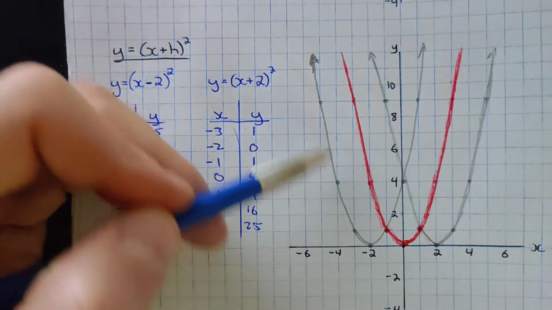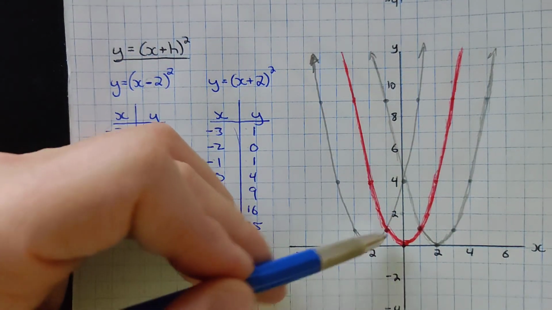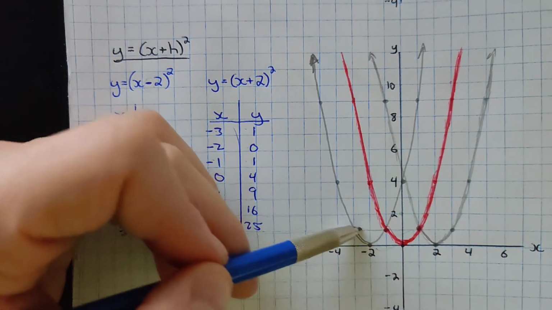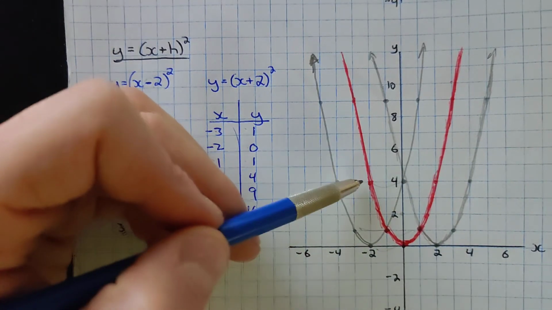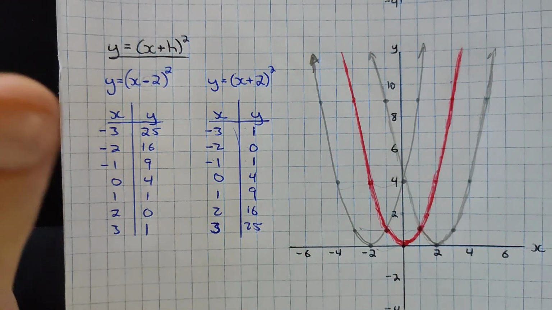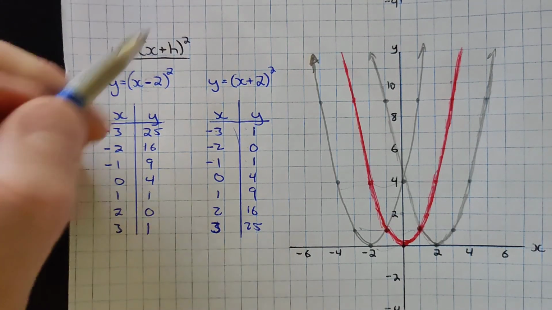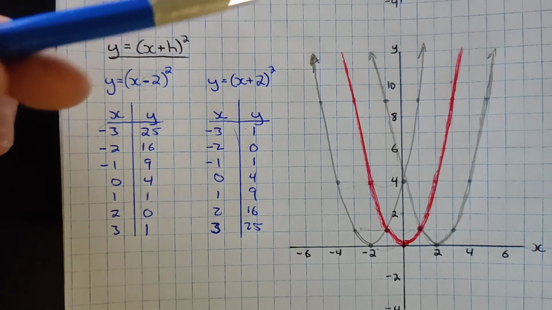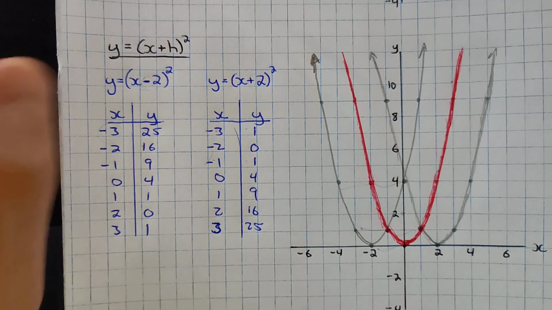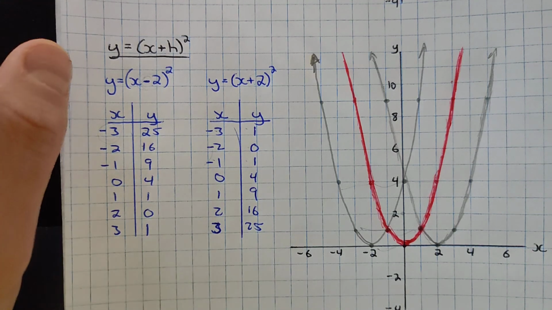So now I have this other graph where everything is shifted over the other way. Everything is shifting over 2 to the left. So when there's a minus, it shifts to the right. When there's a plus, it's shifting to the left. We'll take a look at more of this in a more formalized manner in the next section.